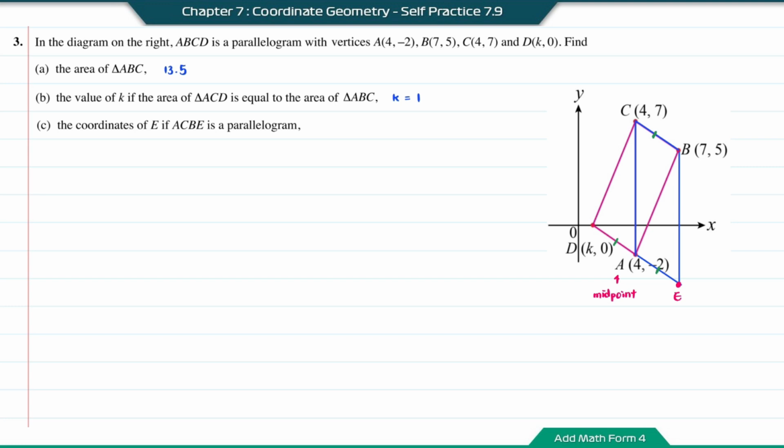So in question B, we already know that the coordinate D will be 1, 0. So here the ratio AD to AE is equal to 1 to 1.